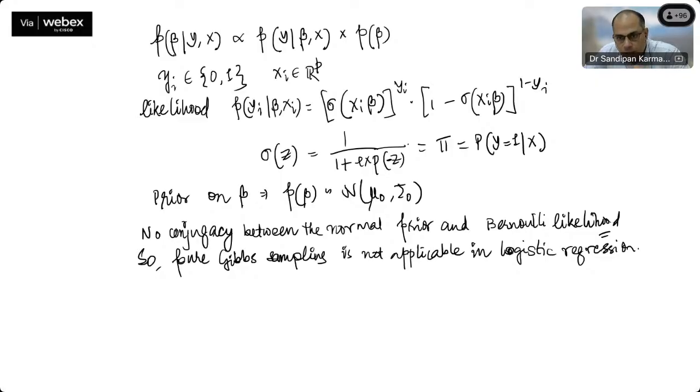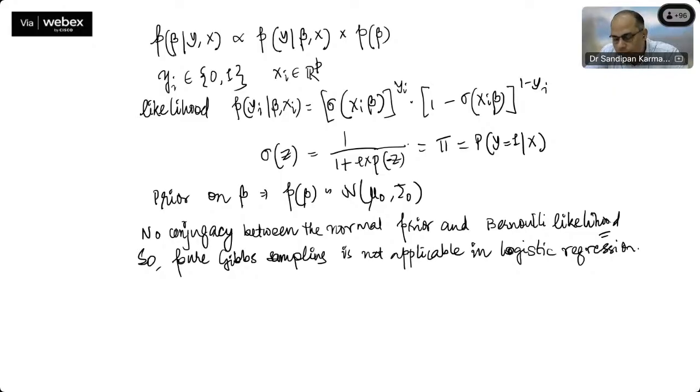We will use that approximation to get a conjugation kind of thing, so that we can have a normal prior and use it for finding the posterior.